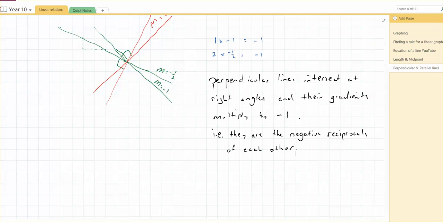So, for example, a line has a gradient of 1/3.